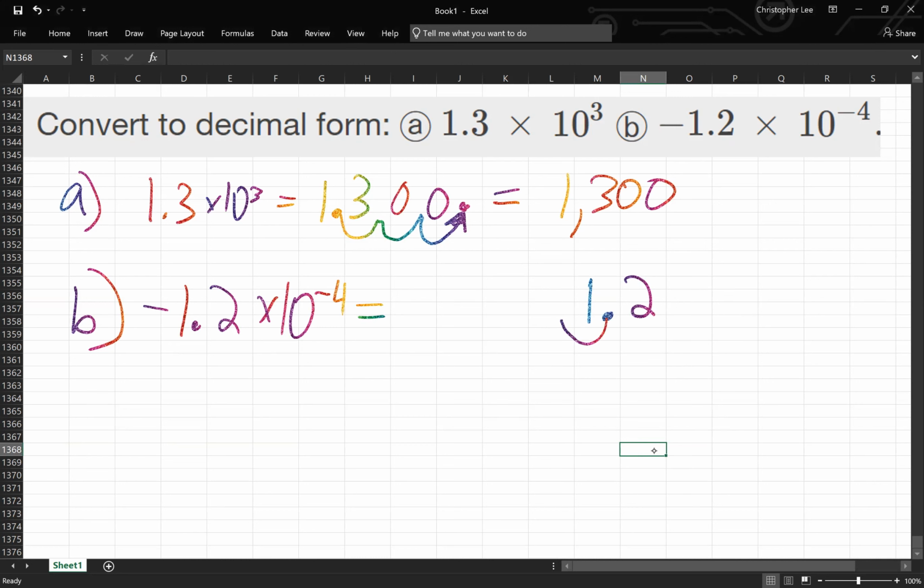So 1, 2, 3, and 4 right here. So I put some zeros right here. Don't forget that negative. So my final answer, negative 0.00012. Any questions on this? No? All right, let's keep it moving.